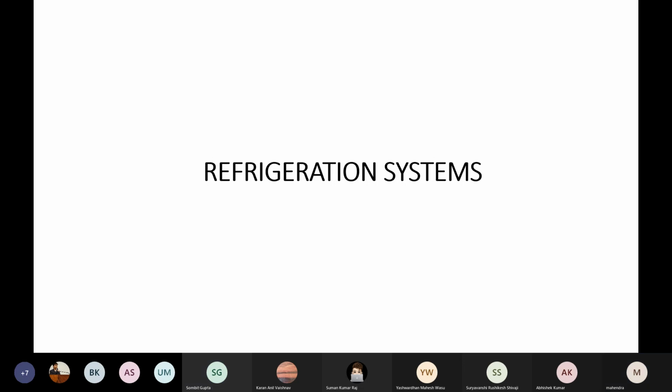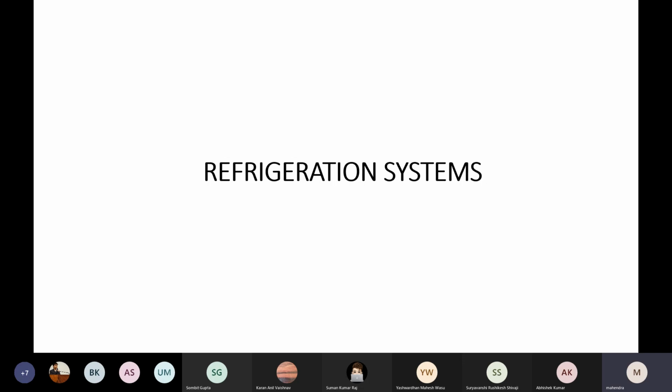So in our previous class, we discussed very well about the Rankine power cycle. In that, we have seen the 4 processes involved, and also the possibility to improve or enhance the efficiency of the Rankine power cycle.